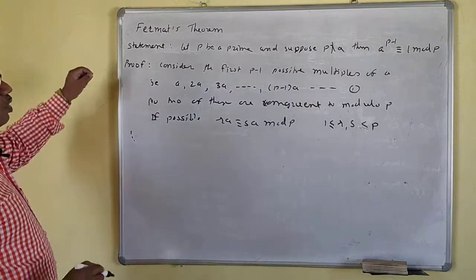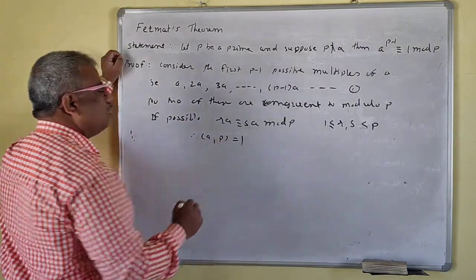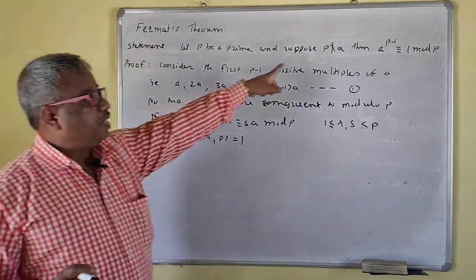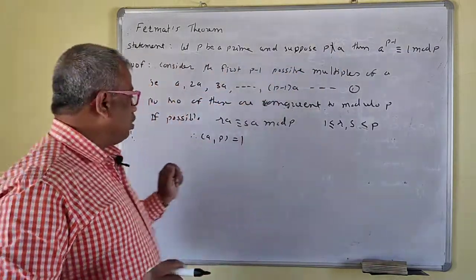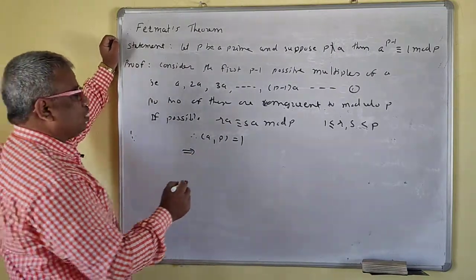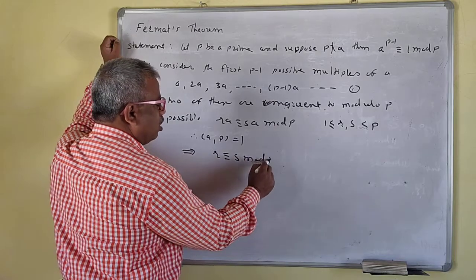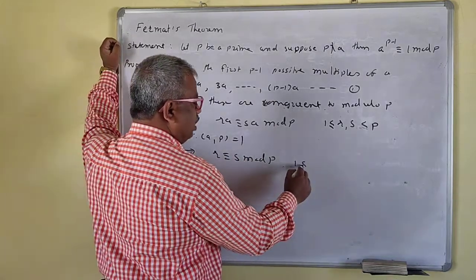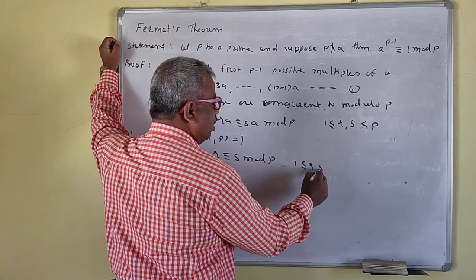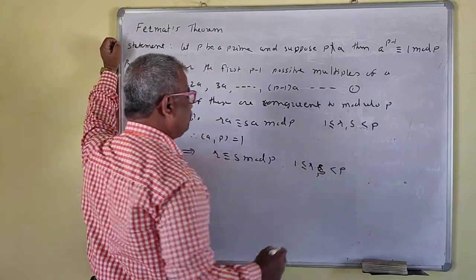Since gcd of a and p is 1, because p does not divide a, the cancellation law holds. This implies that r is congruent to s mod p, with 1 less than or equal to r, s less than p.